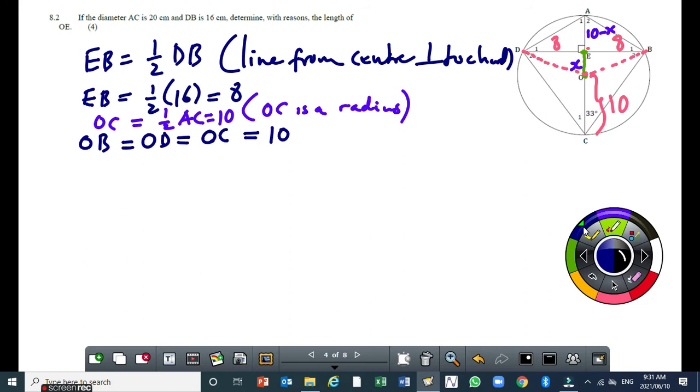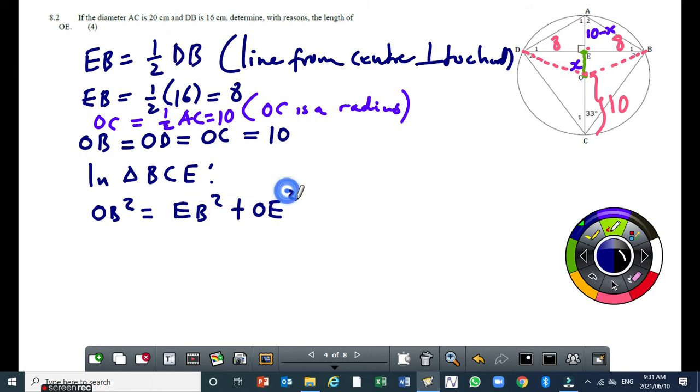So from there, let's use the theorem of Pythagoras. In triangle OBE, OB squared is equal to EB squared plus OE squared. My OB is the radius, so that's 10 squared.